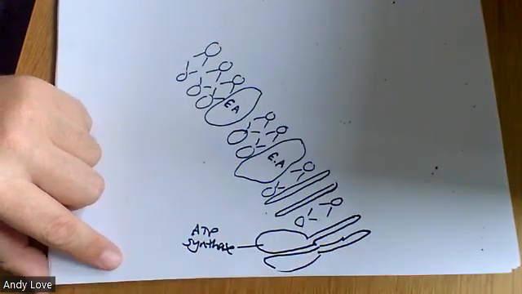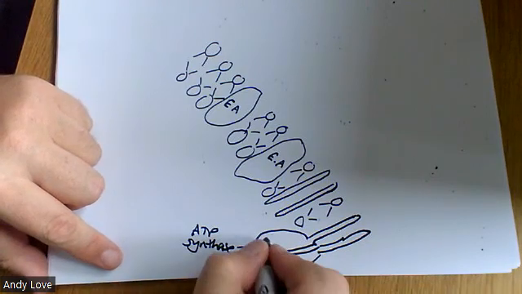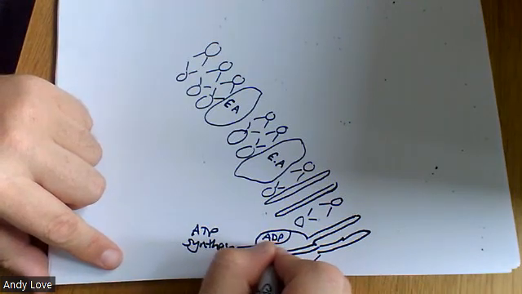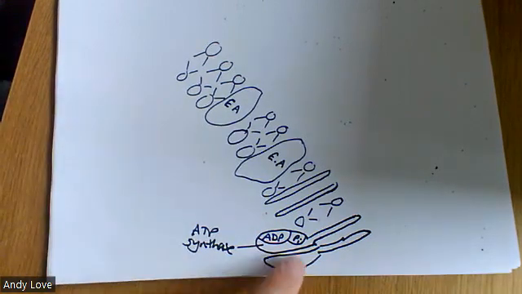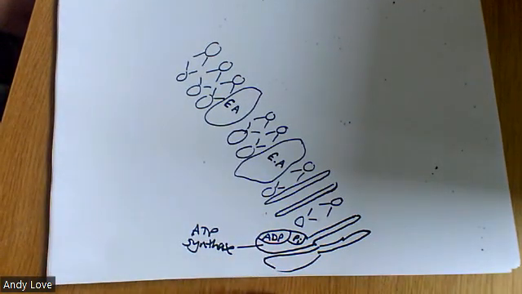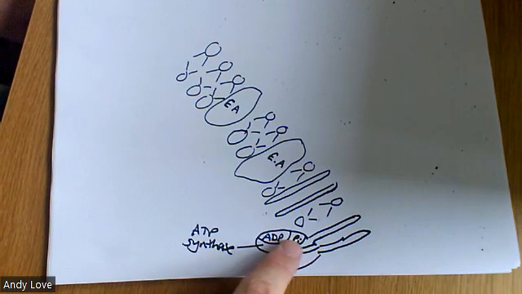Now, what attaches to ATP synthase is ADP and P. They attach to the enzyme. So all they're looking for is the transfer of some chemical energy to join these 2 together to make ATP. So how on earth is this ATP forming?